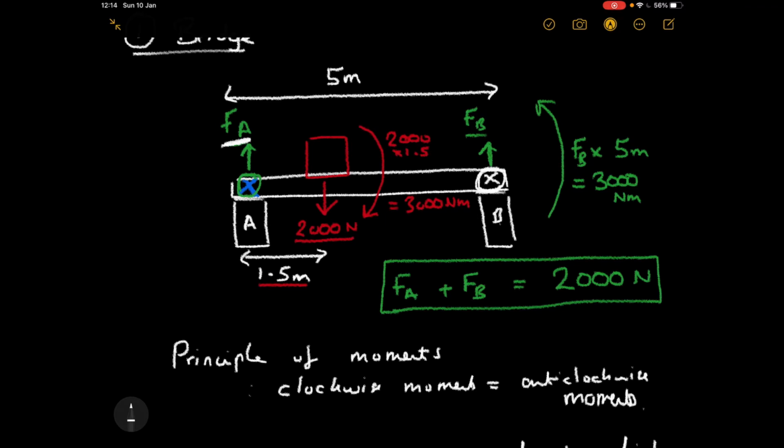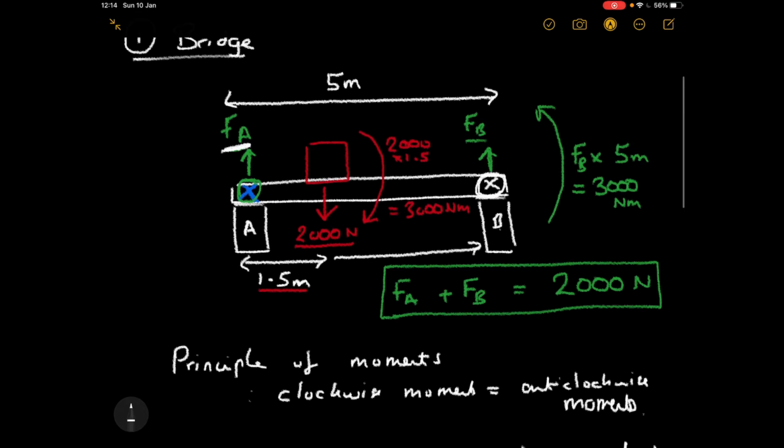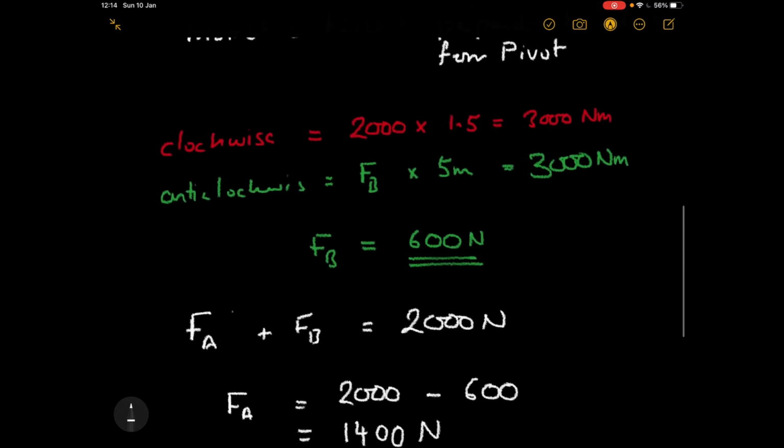Think about how your equation would have looked if, instead of taking the pivot there, you took the pivot at point B. So this becomes 3.5 meters. Do you get the same values if you take the pivot at the far pillar, and do you get the same values for the different forces? So pause the video, give yourself a quick go at that, and then I'm going to work it through.